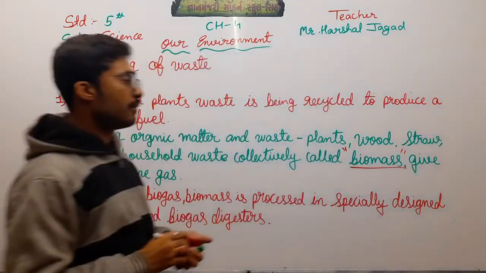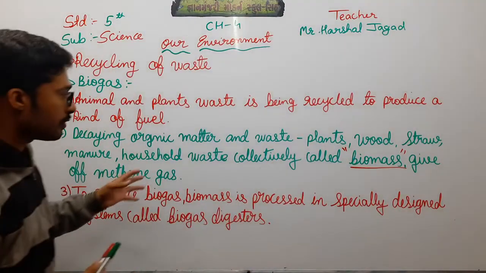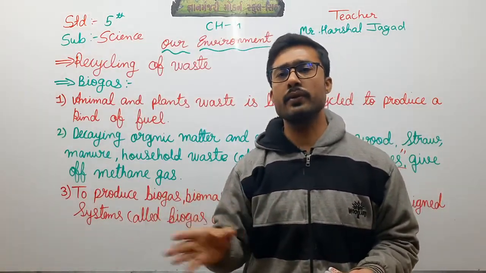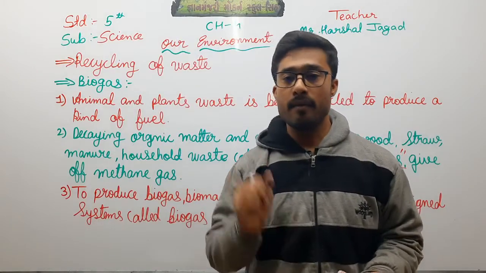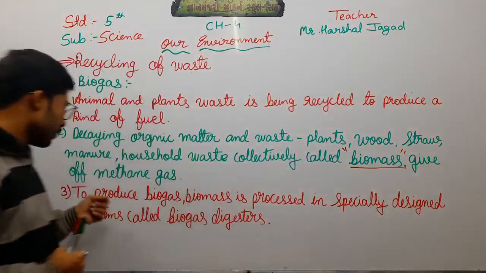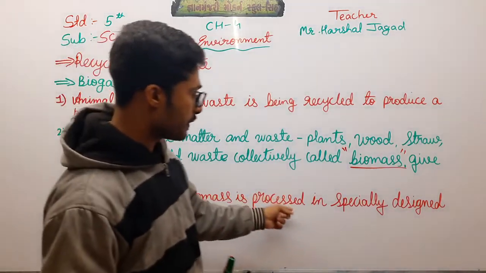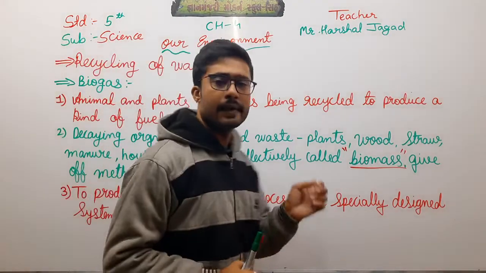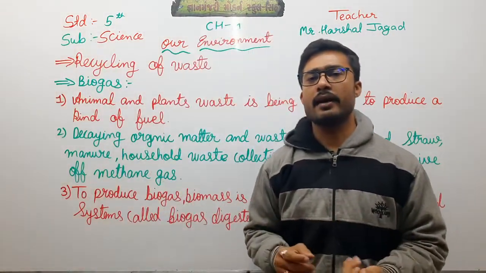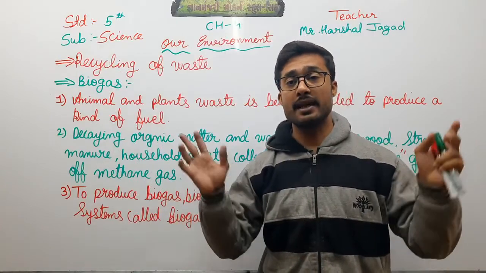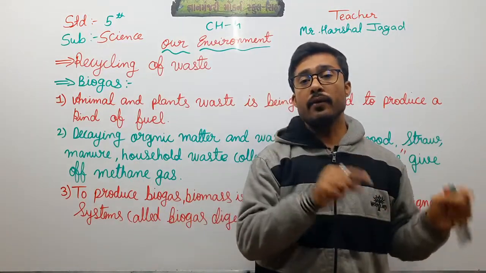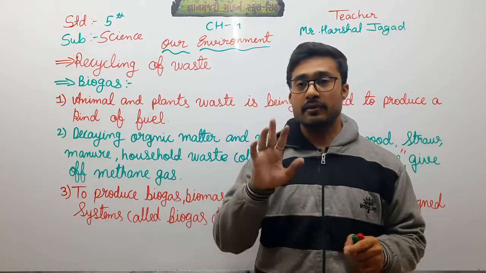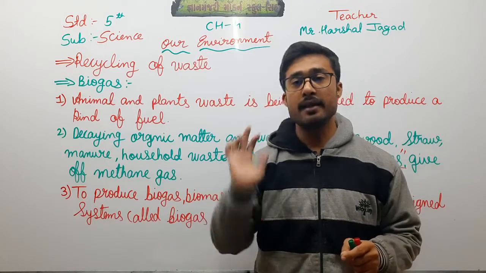What is biomass? All the household and organic things which are used to produce biogas are known as biomass. Then, to produce biogas, biomass is processed in a specially designed system called a biogas digester. So these 3 things you have to keep in mind.